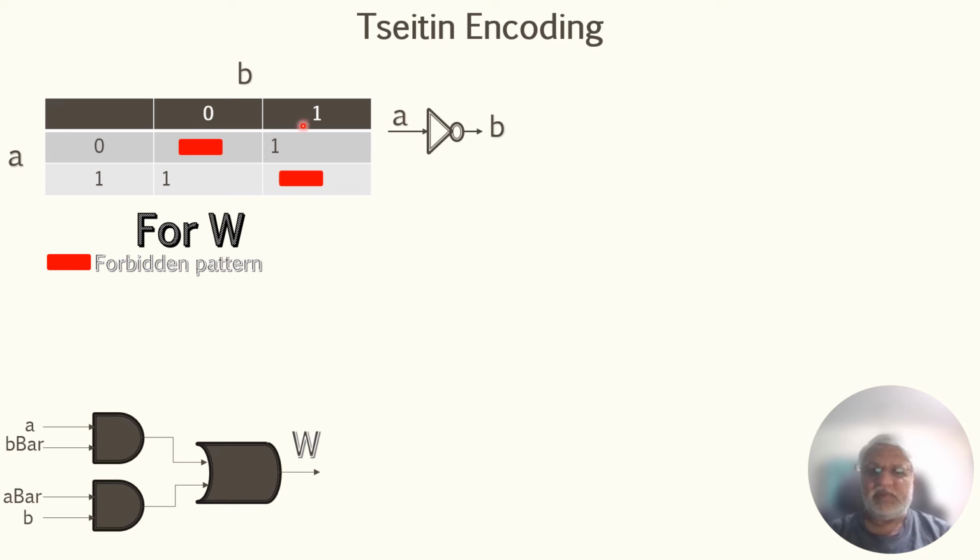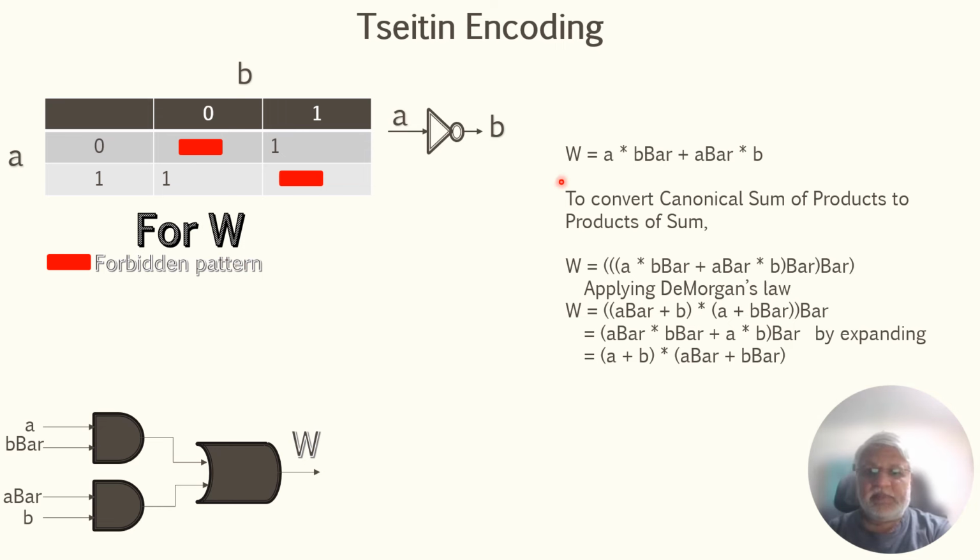Similarly, when A equal to 1, B equal to 1 is a forbidden pattern. So W of this inverter gate is A B bar plus A bar B. So W represents A B bar plus A bar B, this function.